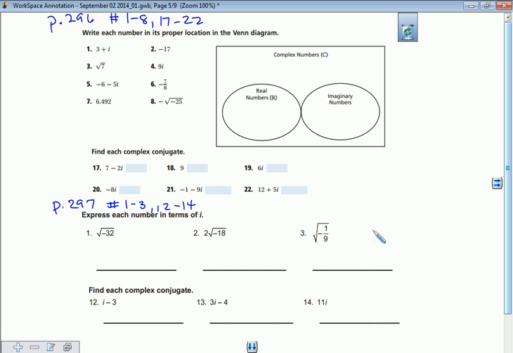I got 84. I saw you were doing this, and if I knew you knew that this was the same sign, then you went through and changed all your signs. So I knew you had it.